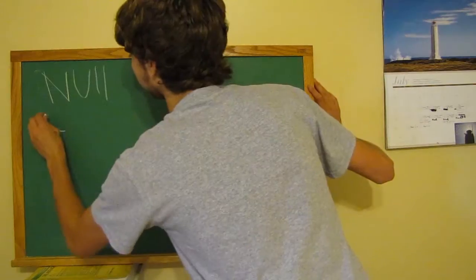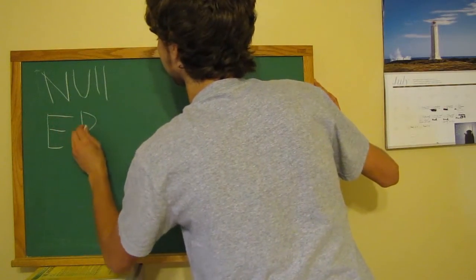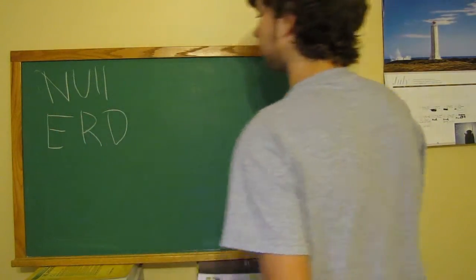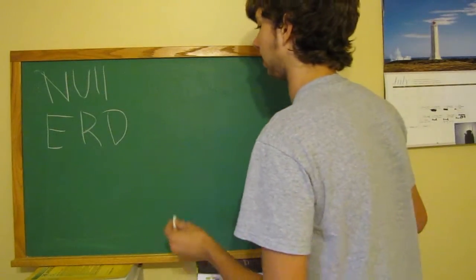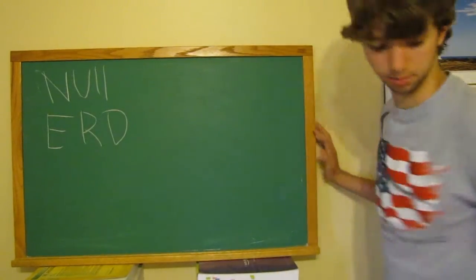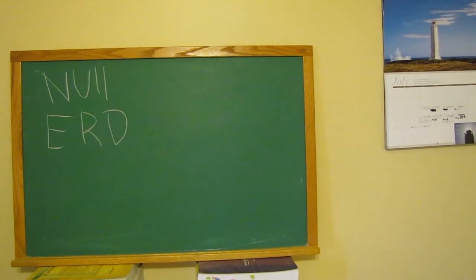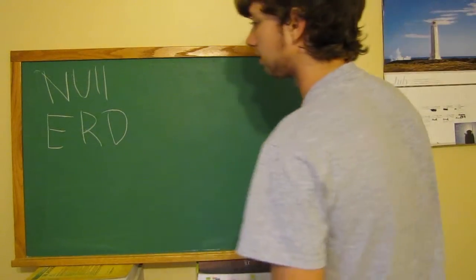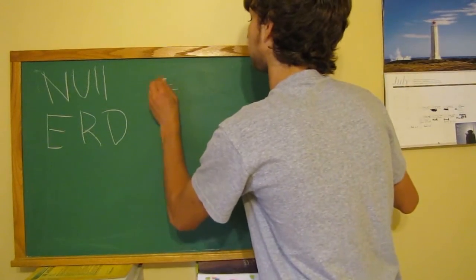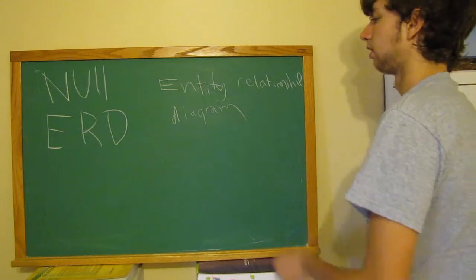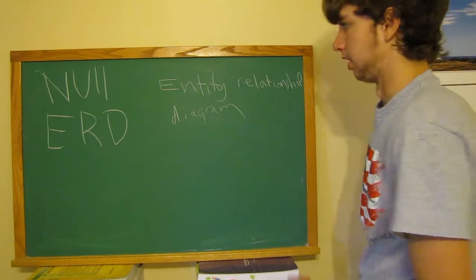That's all. Next is ERD. I think that's entity relationship diagram. So I'm gonna double check that real quick. Yeah, that's right. All right. So, an entity. Let me write that out. I suck at spelling. I wrote that out so you could see what it was.